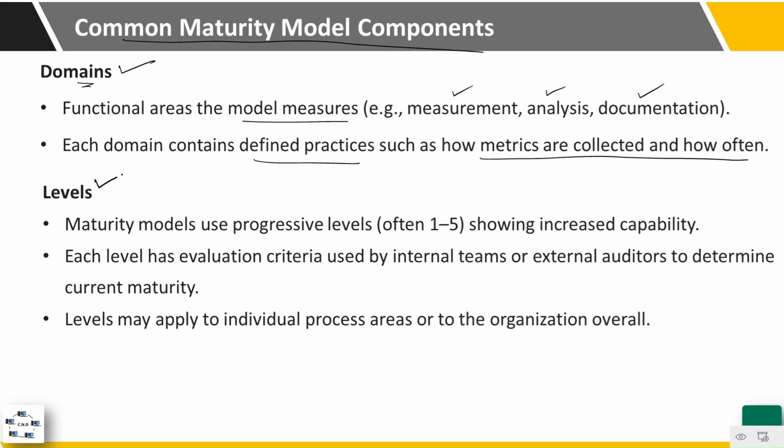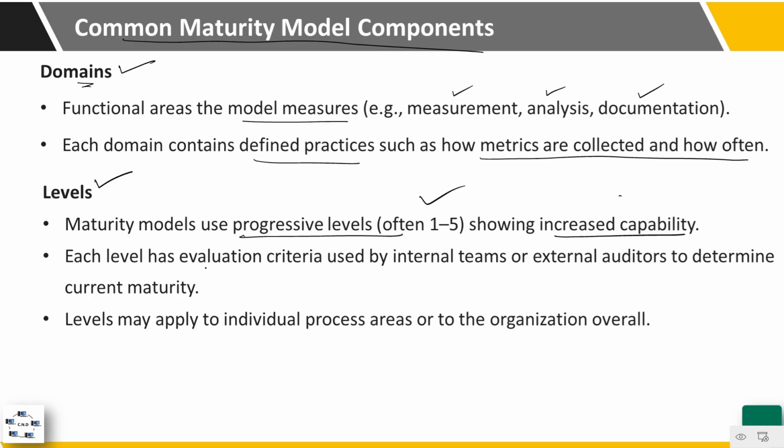Then we have the CMM maturity levels. Maturity models use progressive levels, often from 1 to 5, showing increased capability. What does this mean? Level 1 has low capability while level 5 has the highest capability.